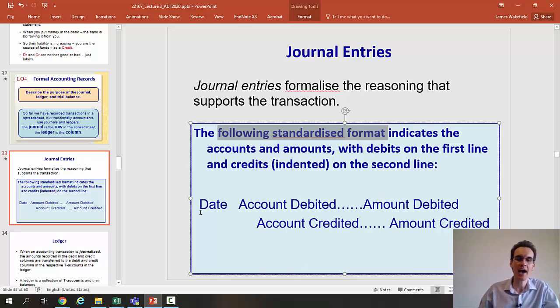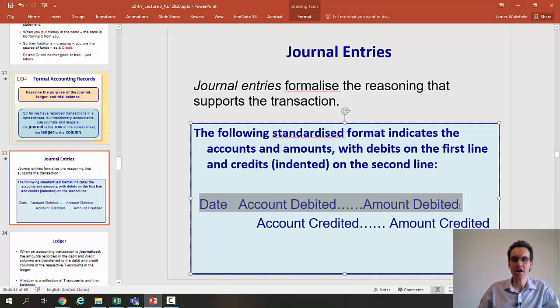And this is how you record it. So you write the date of that transaction, you write the account which is being debited, and the account which is being credited. Now, consistent with this standardized format, the account which you debit is always included at the top of the journal entry, right?